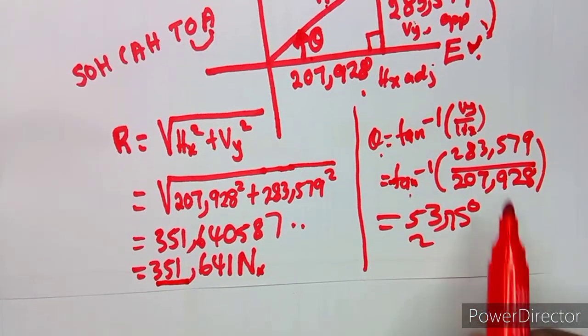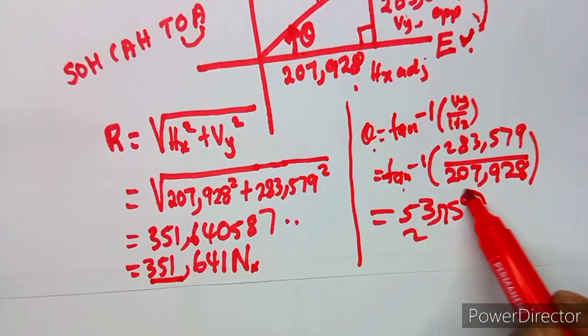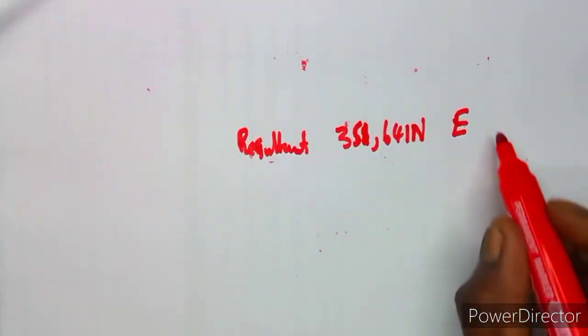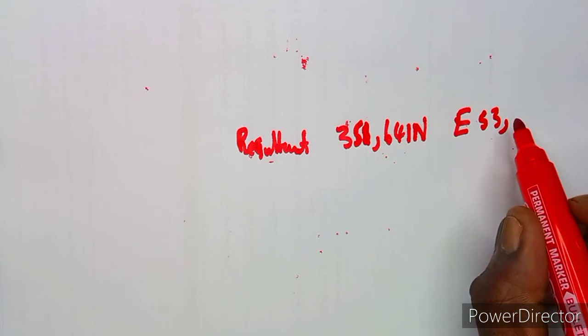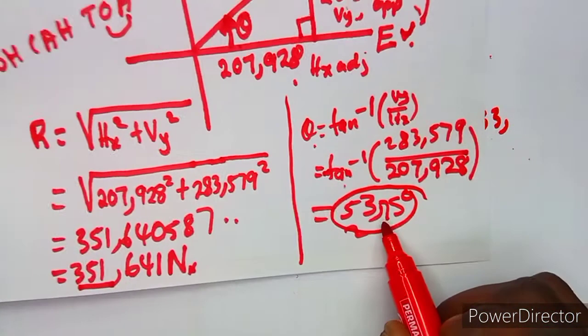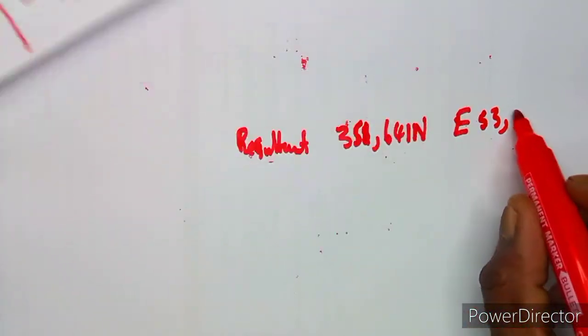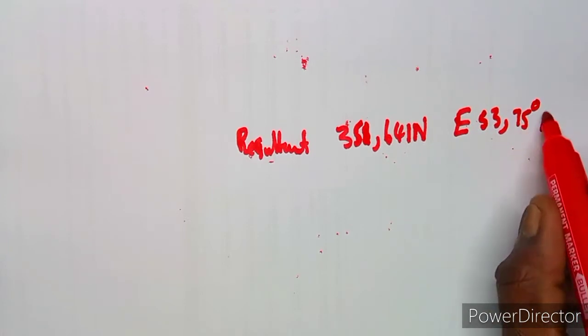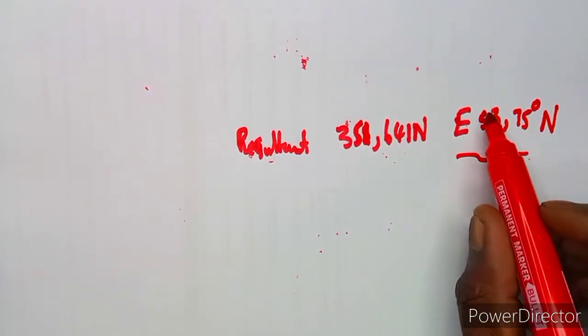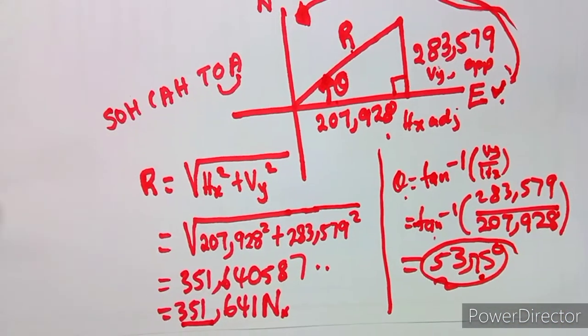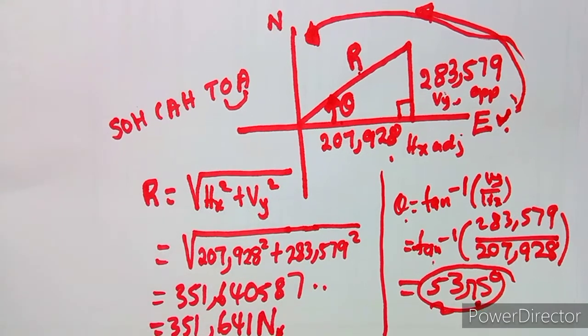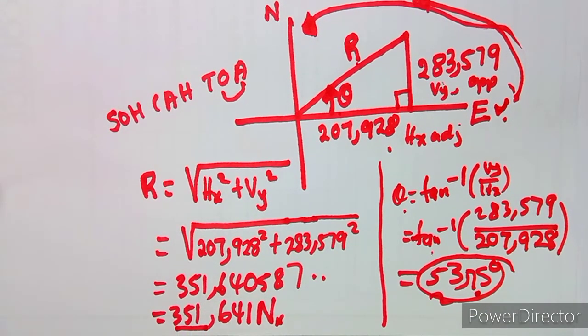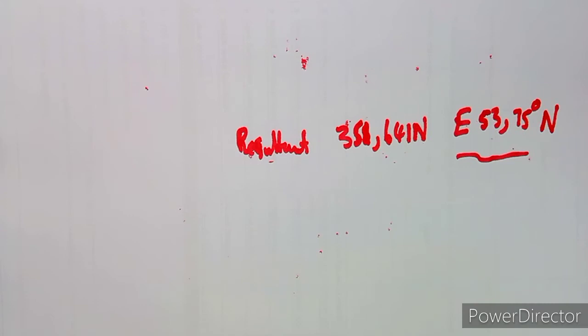Then we want to write this angle, so it's east going to the north, so it's east 53.75 degrees to the north. That is now the direction. So whenever you find the resultant, it must go hand in hand with a direction. That's how, guys, these questions can be asked. As you can see, that's what we needed to obtain those 4 marks.